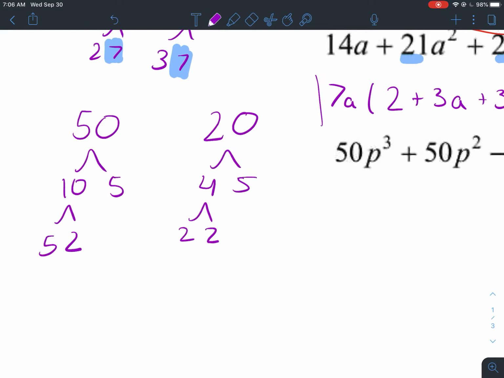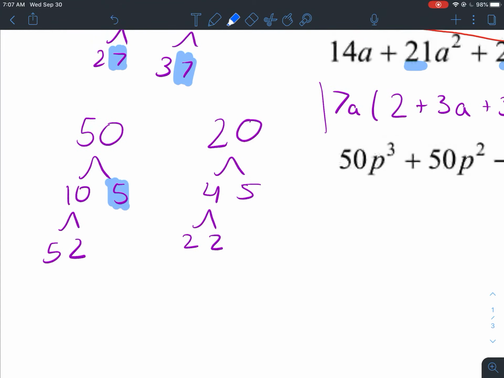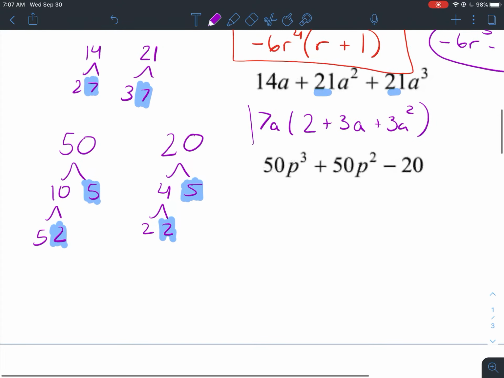All right, so what would be my common factors, my greatest common factor between 50 and 20? What numbers do these two have in common? Well, it's going to be 1, 5 and 1, 2. All right, so I can take a 5 times 2 outside.